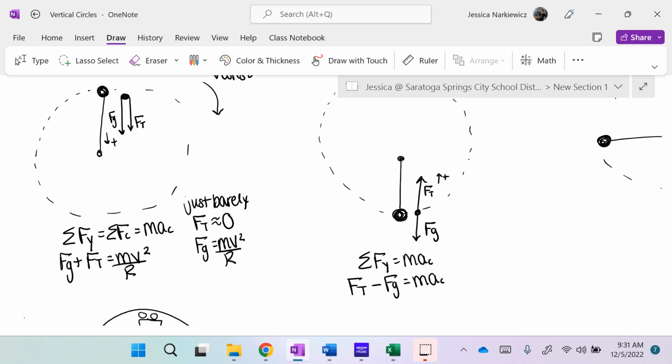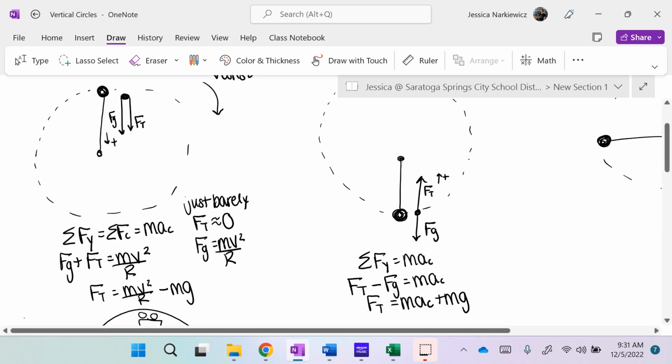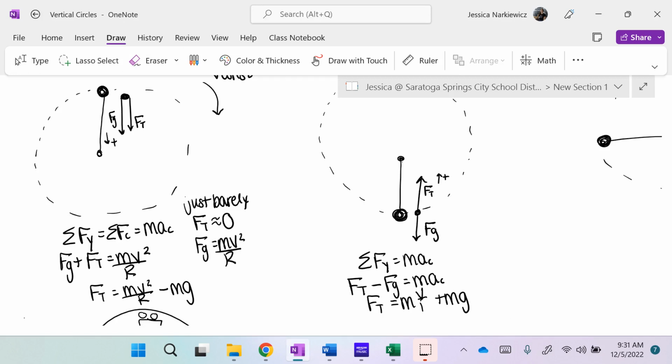So here, the tension force has to not only move this thing in a circle, but also counteract the force of gravity. Whereas before, gravity and tension were sharing responsibility for moving in a circle. So here, my tension force would look like mv squared over r minus mg, whereas here, they are plus, right? And I could replace that ac with v squared over r.